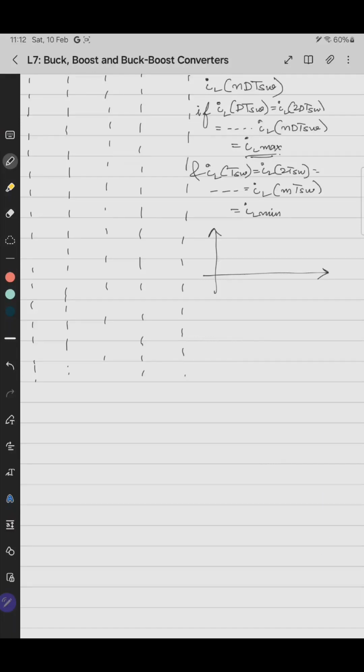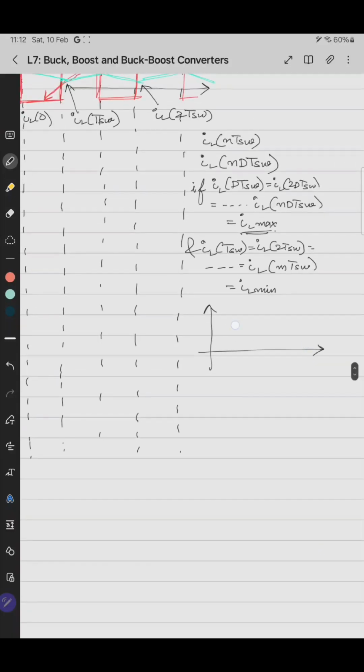So let's say IL naught, we will consider it separately. So what happens is, let's say this is IL naught, it will rise, fall, again rise, fall, rise, fall. So this is IL max and this is IL min, and we can call this delta IL.